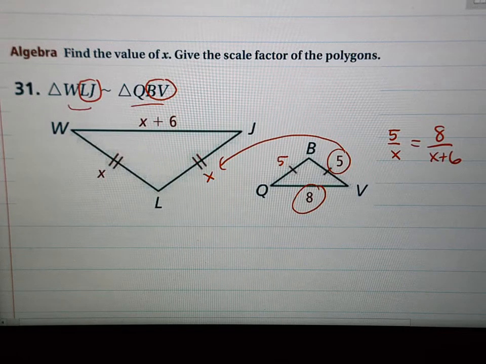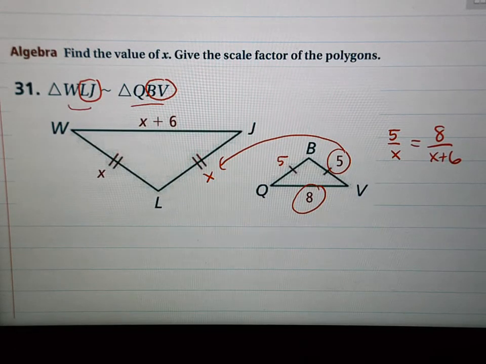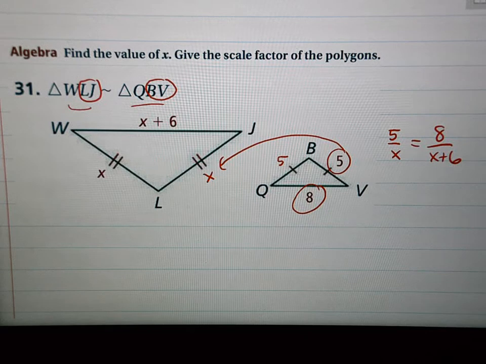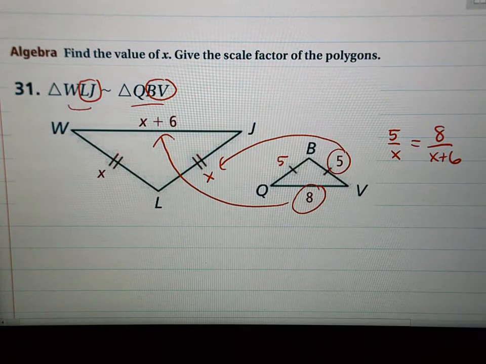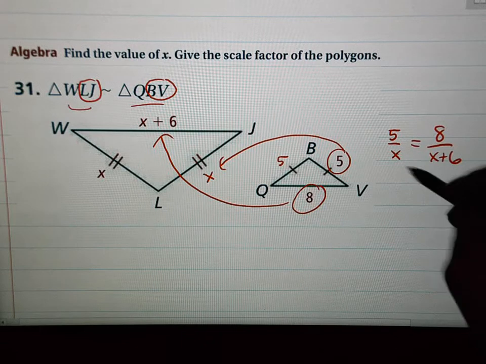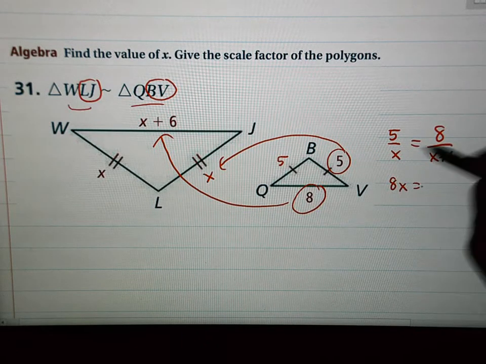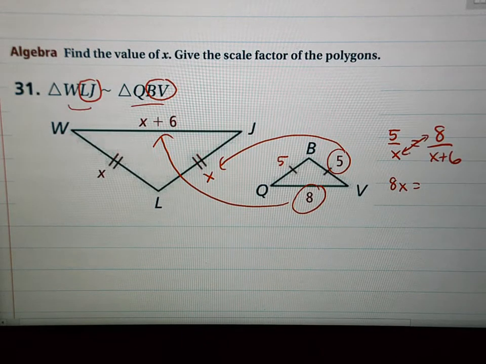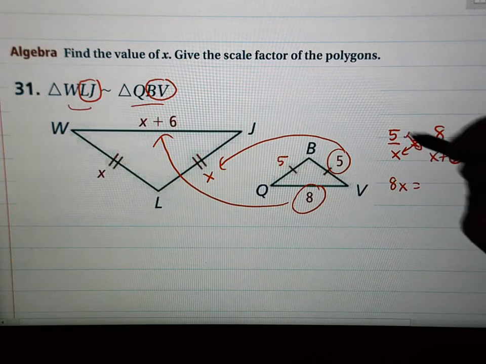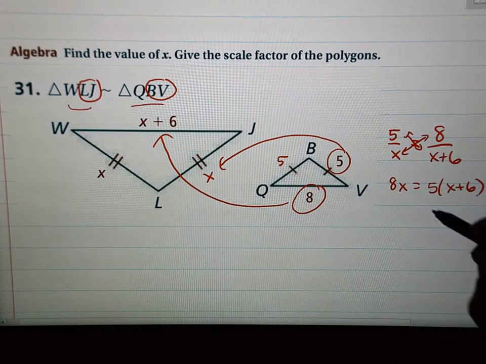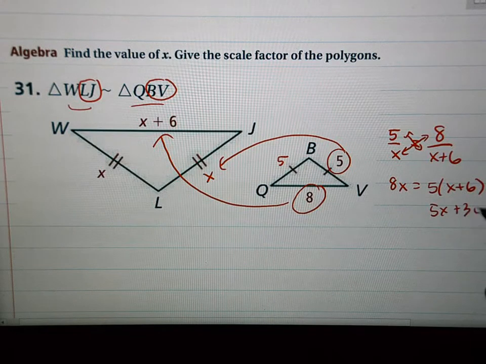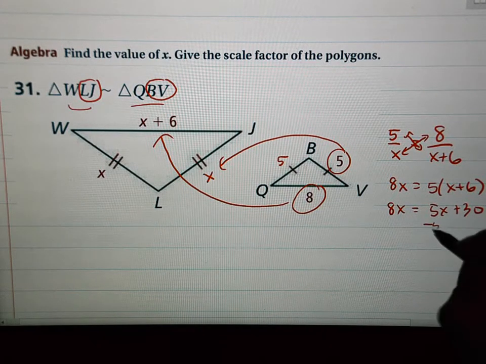And so, since that is how we set it up, then I'm going to cross multiply and do the cross products. Means, extremes, subtract the 5x.